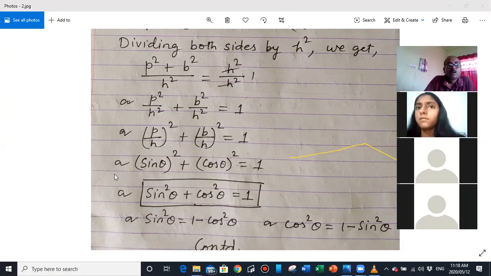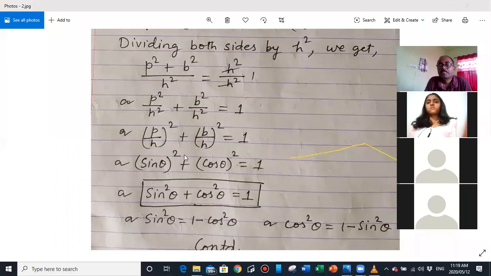Now, see, one thing you have to know here. If you don't want to write this bracket, then what to do with this square? Like in algebra, x square: how do you write? x and then 2.